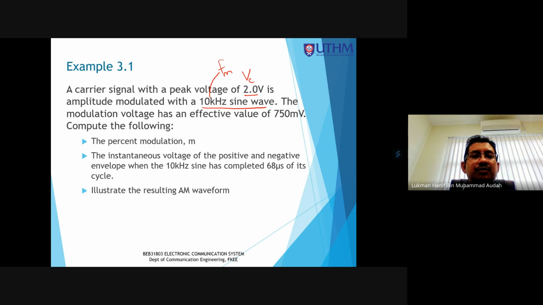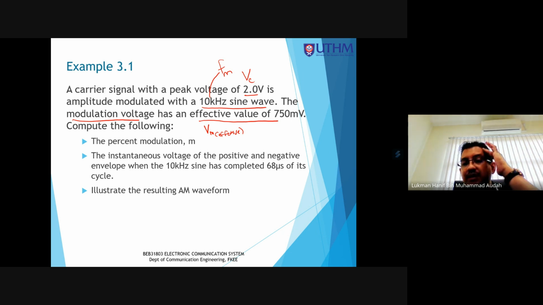Then the modulation voltage has an effective value of 750 millivolt. Modulation voltage here refers to Vm, but this is Vm effective, not the Vm peak.